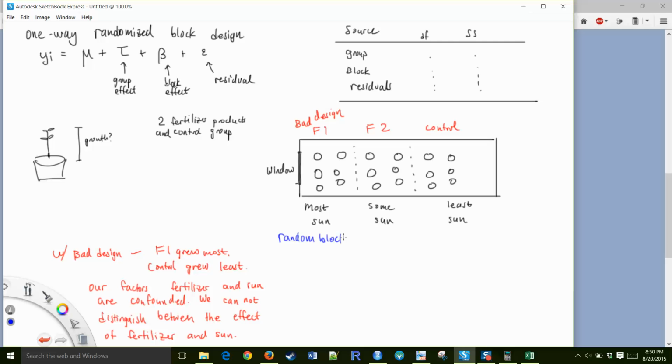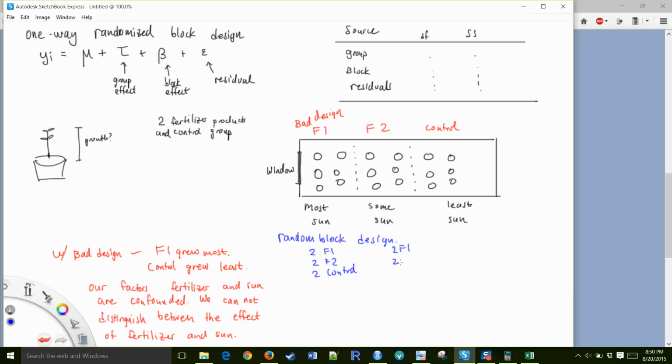And then in our analysis, we take into account the fact that some of the plants got more sun and some plants got less sun. We take that into account in our analysis, and it will probably be significant.